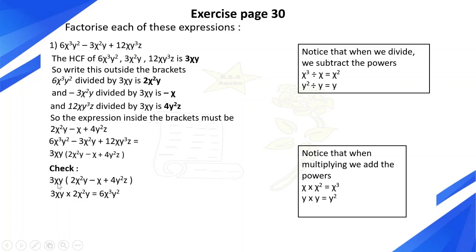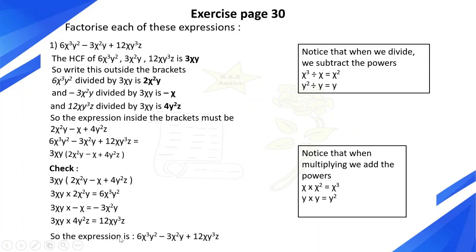Now, multiply 3xy by the second term, by minus x, you will get minus 3x squared y, which is the second term. And you have to multiply 3xy by the third term, and you will get 12, 3 times 4 equals 12 x y cubed z.